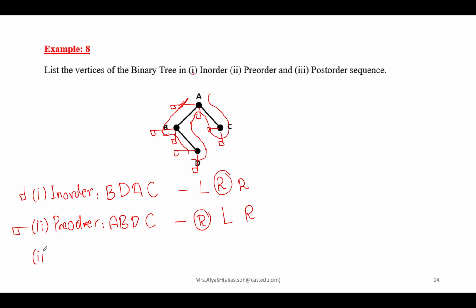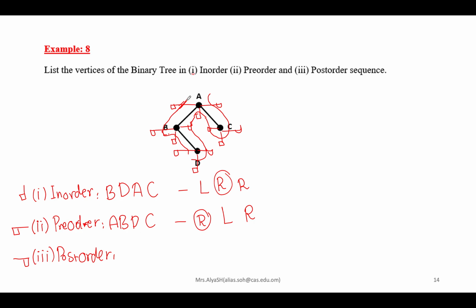Third one, which is the post order. We will draw the flag to the right. So we'll have it like this. Whenever we hit the flag, we just write the node.